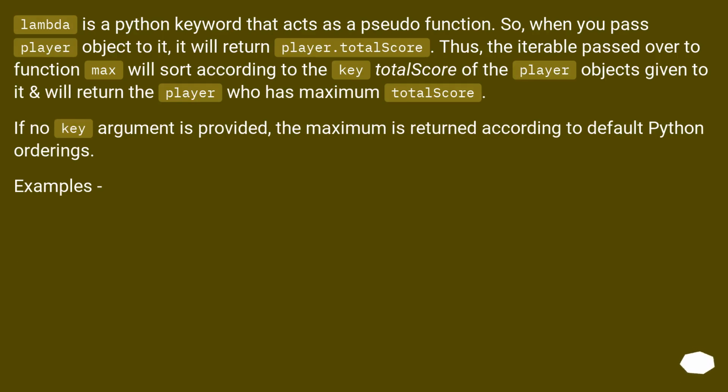Lambda is a Python keyword that acts as a pseudo function. So, when you pass a player object to it, it will return player.totalScore. Thus, the iterable passed to max will be compared according to the key total score of the player objects and will return the player who has maximum total score. If no key argument is provided, the maximum is returned according to default Python ordering. Examples.